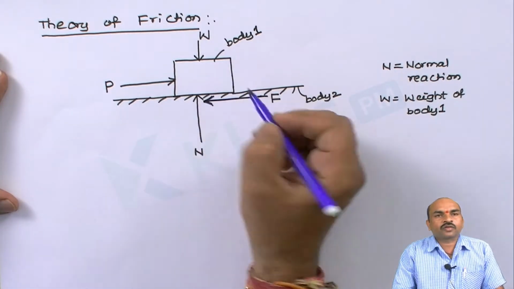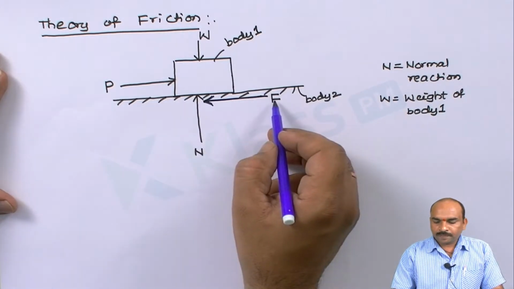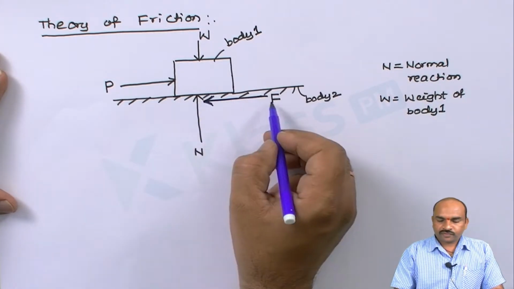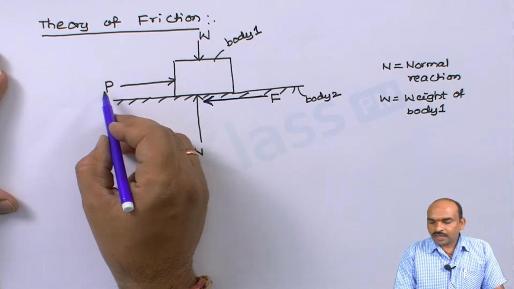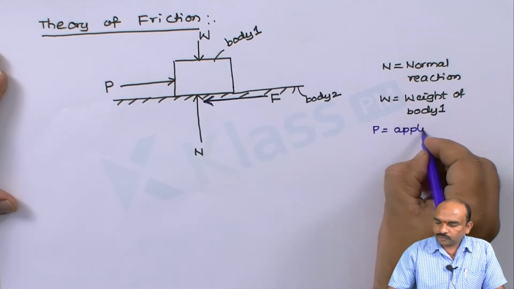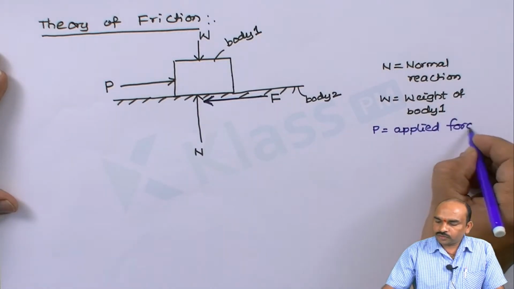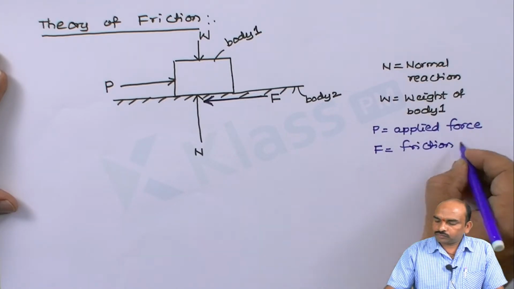You can mark here also, no problem. The direction is important. So force P is the applied force, and force F is the friction force.